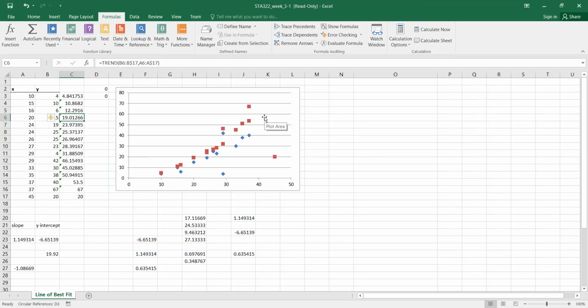And in fact, we've got what? 37s as well, with very different values of y. And the last 2 points are kind of funky. Yeah, 45. Yeah.